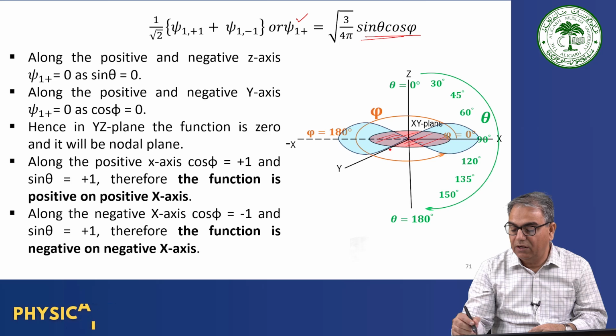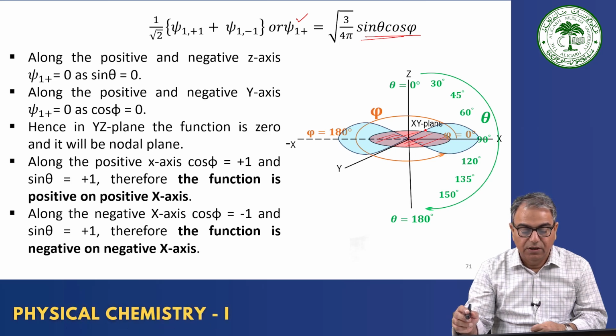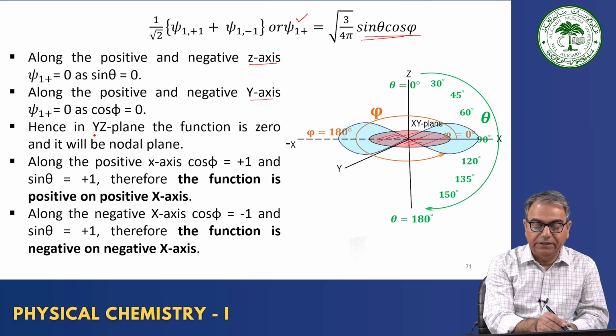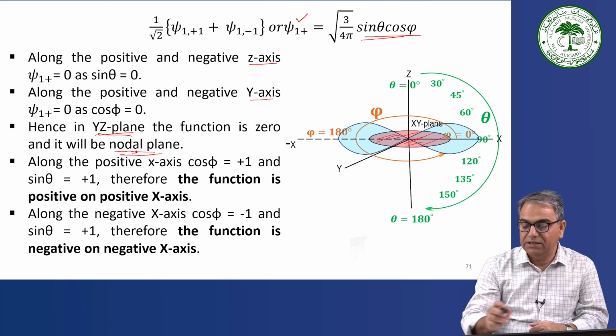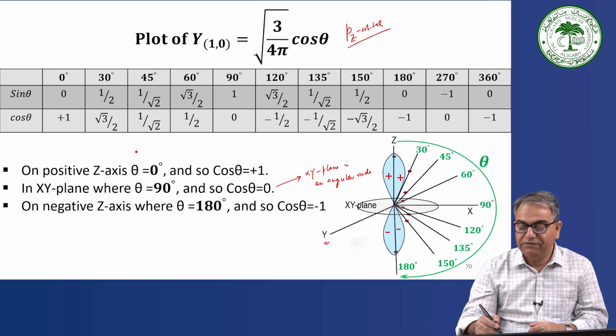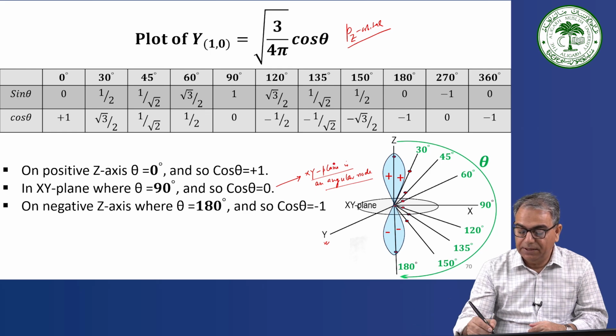Hence the YZ plane is where the function is 0, and it will be the nodal plane. Contrast this with the previous one: there the XY plane was the angular node, where probability is nil.